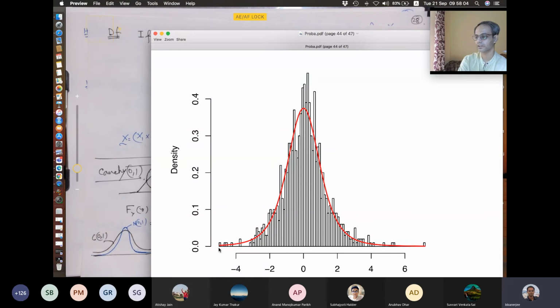Here it has not gone up to -7. So although the distribution is symmetric, how the data will behave, it should resemble the PDF, but it will never be exactly the PDF.